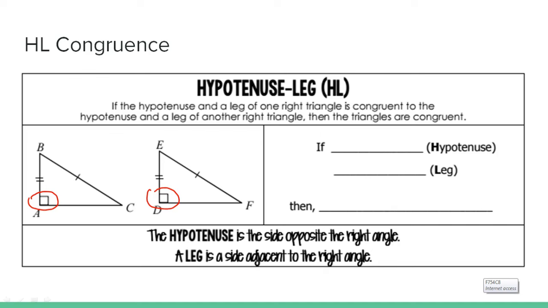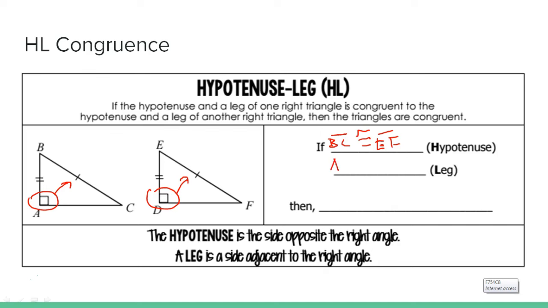And it shows at the bottom the hypotenuse is always going to be the side right across from the right angle. Okay? So in this case, our hypotenuse is segment BC, and that's going to be congruent to segment EF. And then it tells us that a leg can be either side adjacent to the right angle, one of the two sides that creates our right angle.